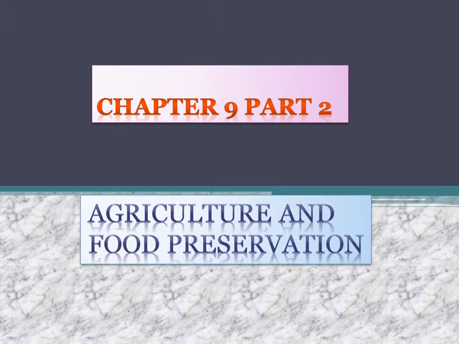Then we have methods of harvesting. We will also discuss different methods of food preservation. So these are some of the important topics which we are going to discuss in this video.